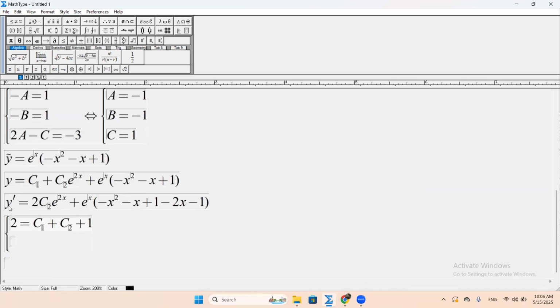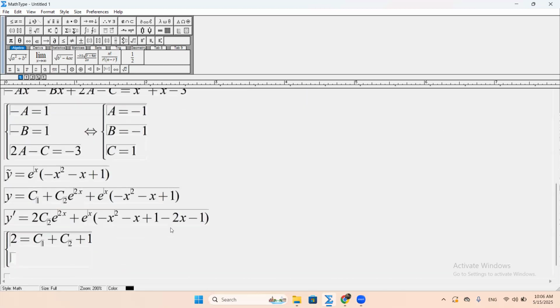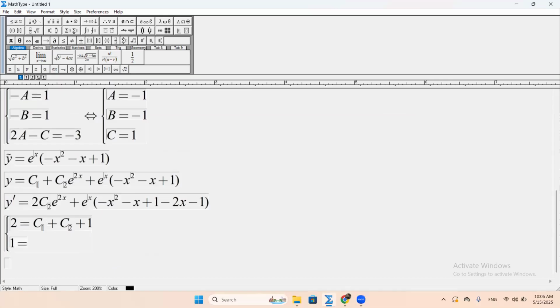So we received the first equation for constants. And y prime of 0 equals 1. So substituting 1, and here what I will have: 2C2, here will be 1, so 0, 0, and the whole expression will be equal to 0.